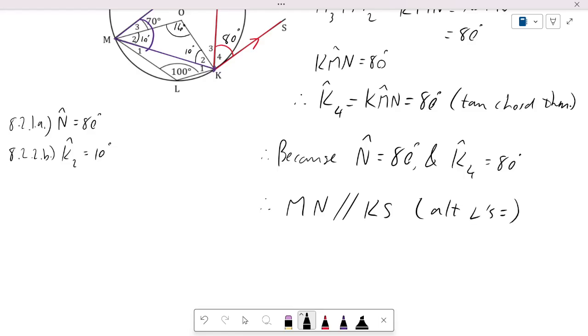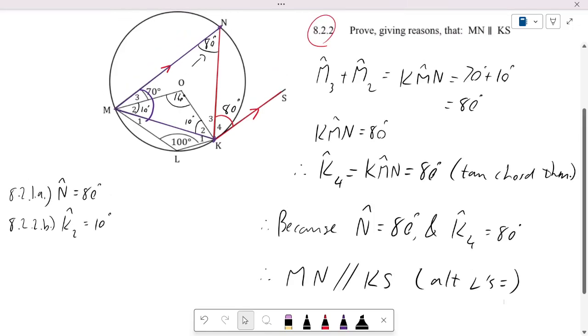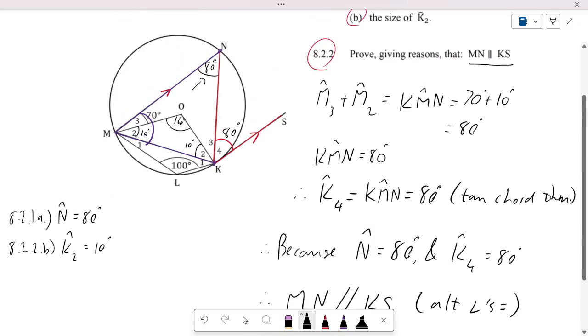And that is how we prove that MN is parallel to KS. So it's not that bad. Once again, you need to know your theorems. If you don't know your theorems, it's going to be a lot more difficult to tackle these questions. So that is question 8.